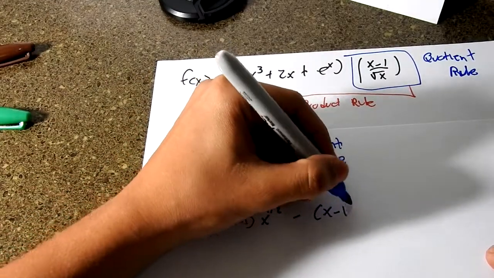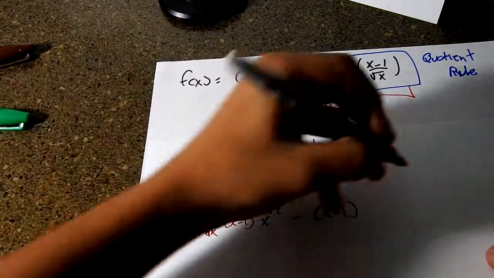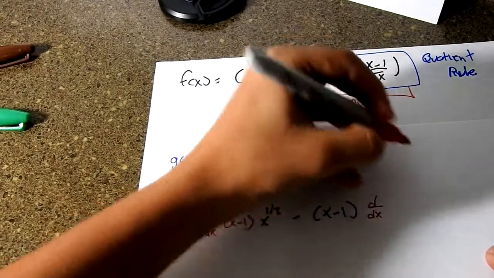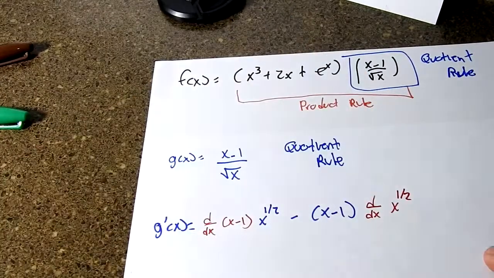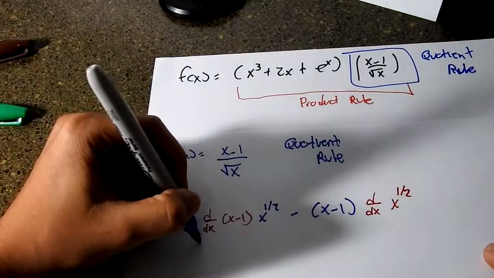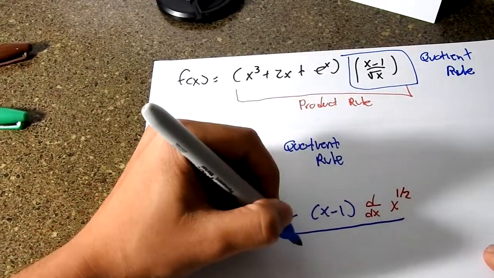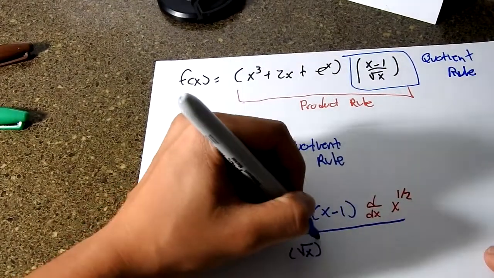Minus x minus 1 times d over dx of x to the 1/2, and then all of this over square root of x squared.